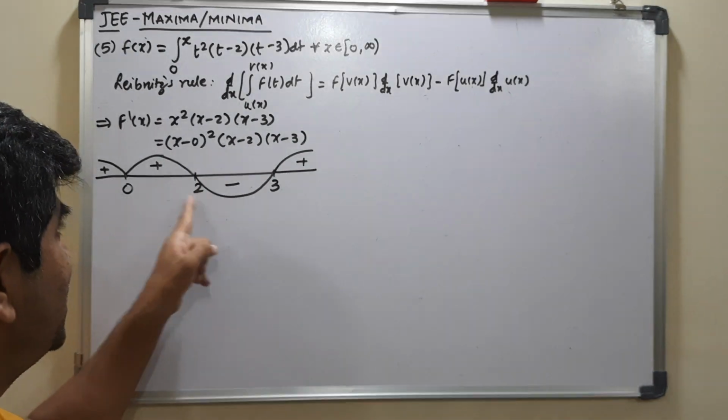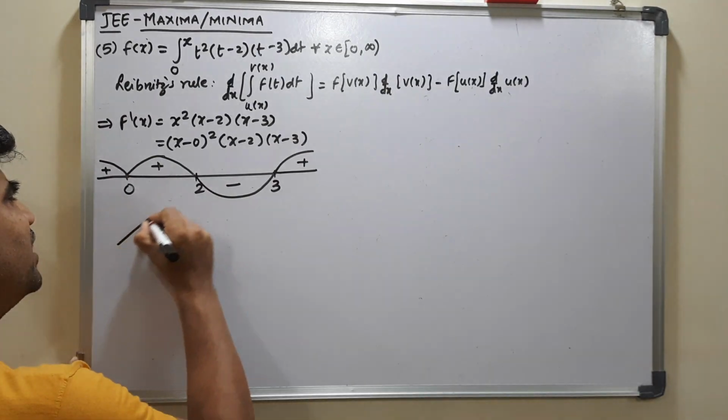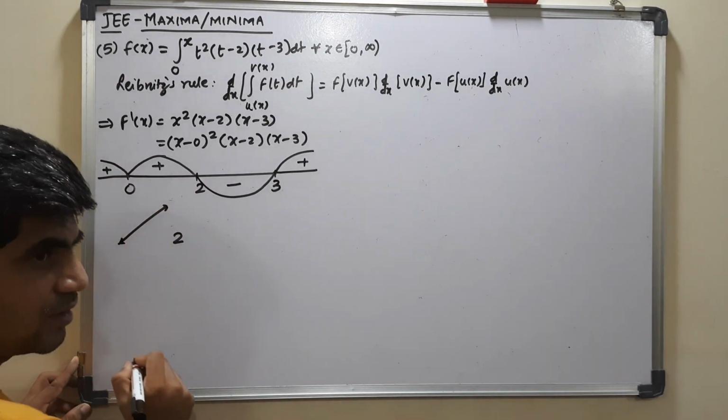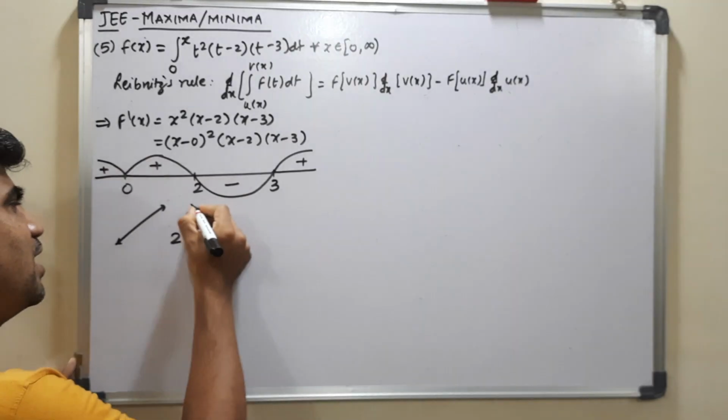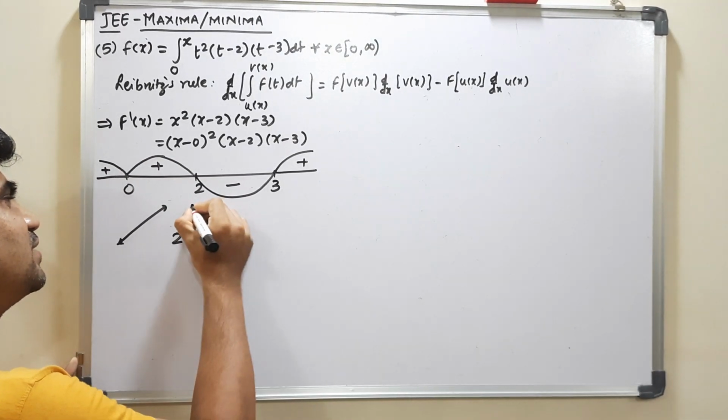See it like this: to the left of 2, the function has derivative positive, and to the right of 2, the function has derivative negative. That means to the left of 2 the function has this particular slope, and to the right of 2 it has like this.